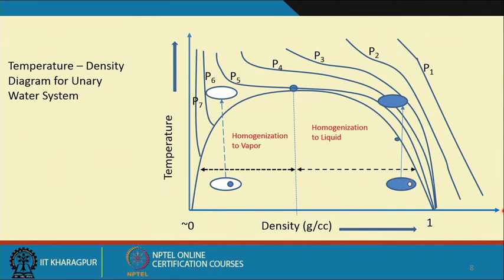We will discuss the implications of such situations in a little more detail, and we will continue our discussion on the principles of microthermometry with the help of such simple phase diagrams. Thank you.